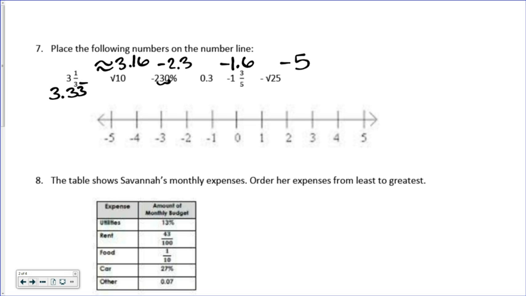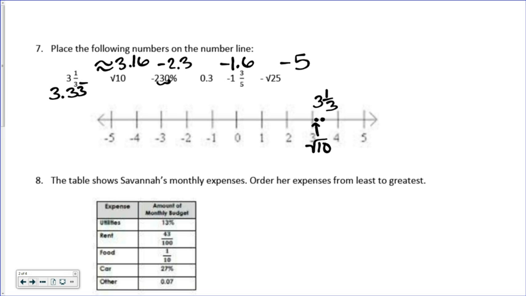So 3 1/3 is between 3 and 4, but it's a little closer to 3. Square root of 10 is between 3 and 4 again, but it's a little closer to 3 than what we had with the 3.33, or 1/3. So I'm going to put that a little closer to the 3, and that's my square root of 10.